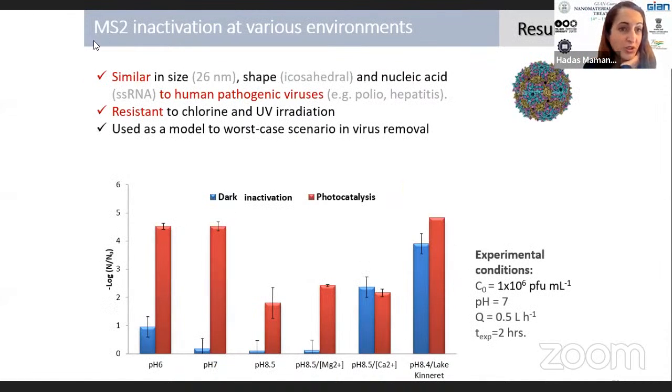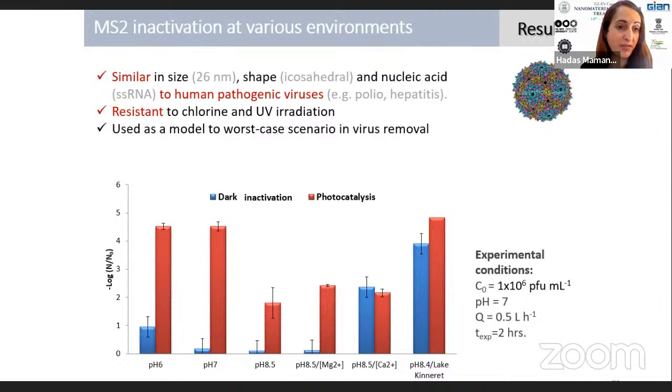Then we wanted to test the impact of different water constituents on the degradation. And because it's a light-based degradation, of course, we must have a control in the dark, okay? We used MS2 bacteriophage, which is a virus that is very similar to polio and hepatitis virus.